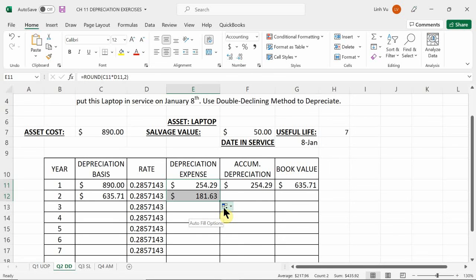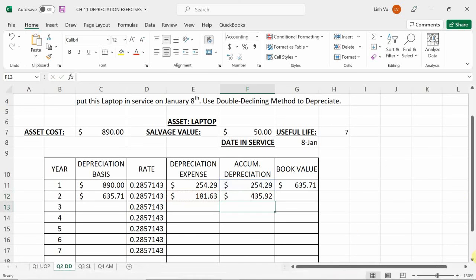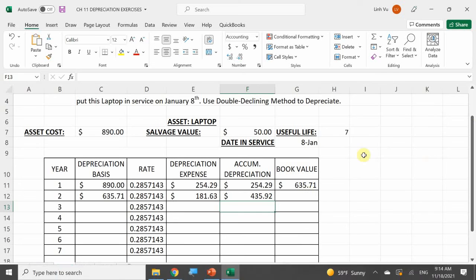So then what's my accumulated depreciation going to be? $435.92. Yes. So then what is my book value going to be now?